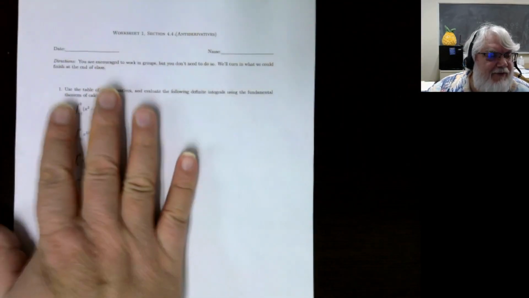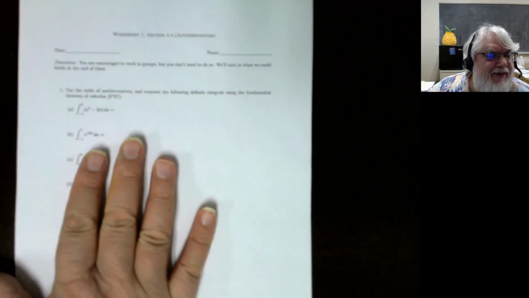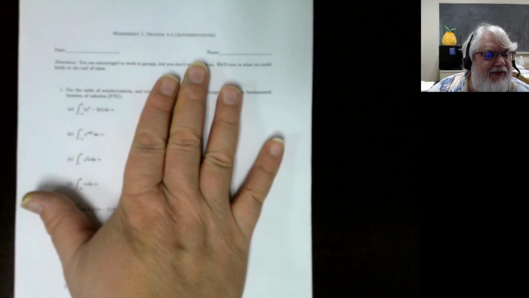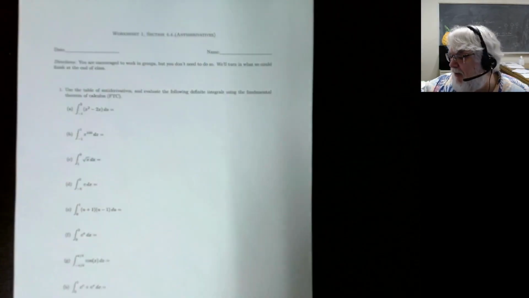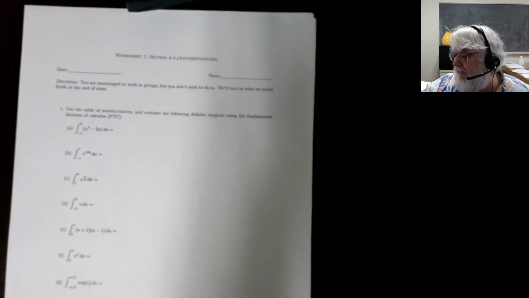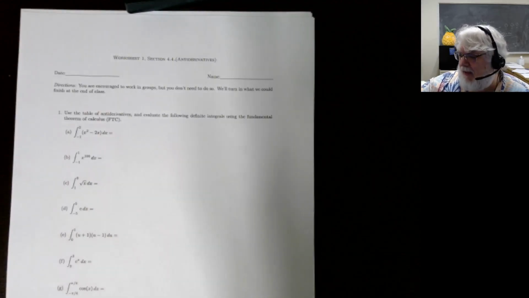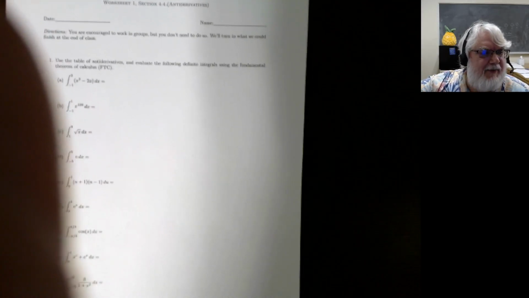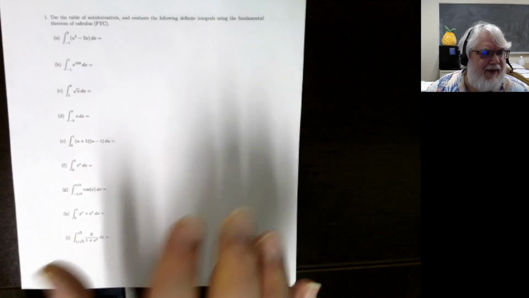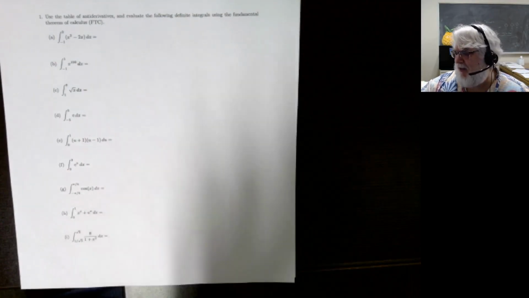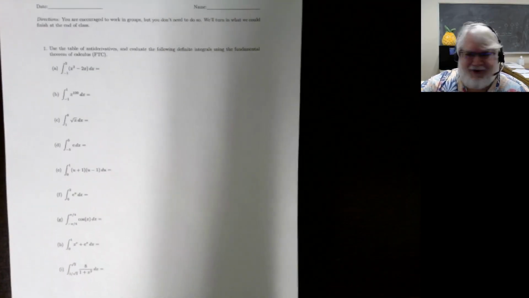My hand is coming into focus. I guess you can't read, for some reason the text isn't coming into very good focus. Let me try that again. Okay, that's a little bit better, I think. Let me flip that up. Okay, this is pretty low-tech stuff here.